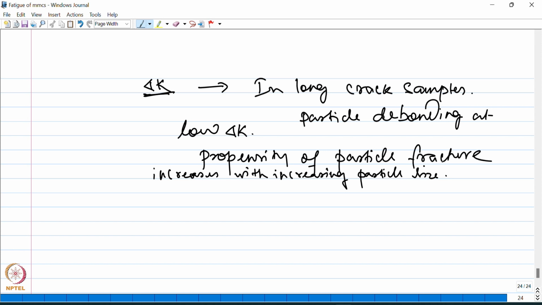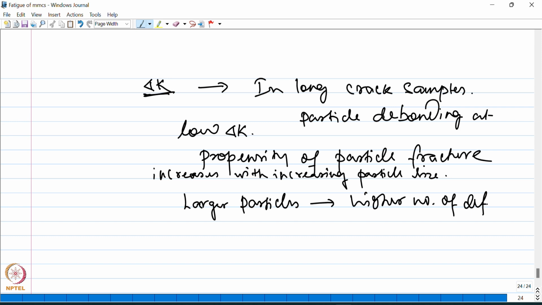And it is attributed to the presence of defects in the reinforcement particles, right? So larger particles are expected to have a higher number of defects, and as a result of that, large particles are more prone to fracture.